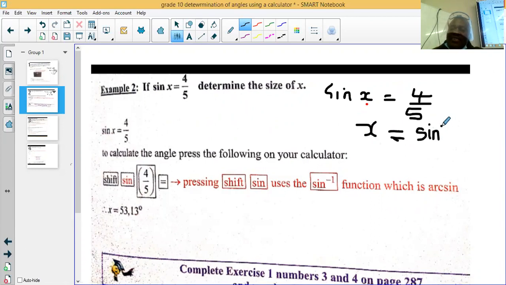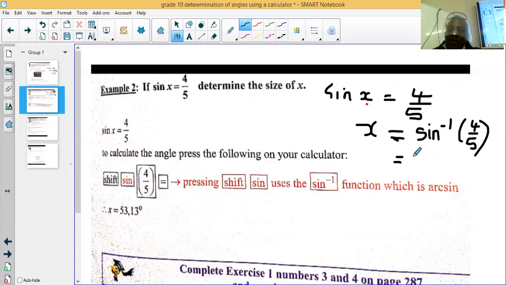Arc sine. This is arc sine. From this arc sine, you now write 4/5. I want to see what answer you get there. Please give me the answer as it is.